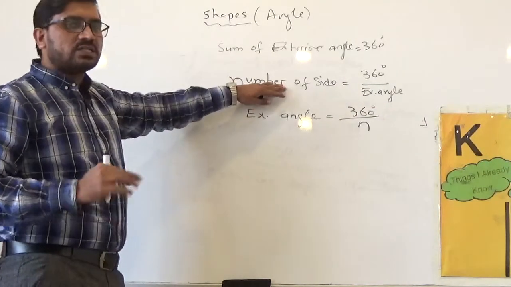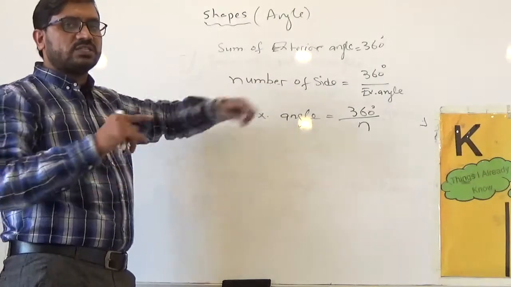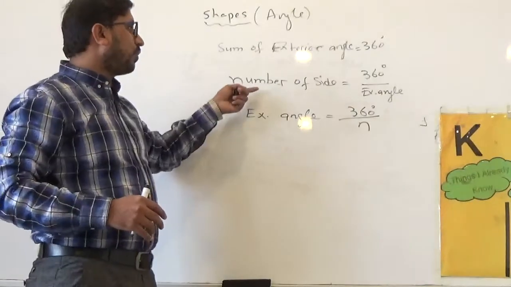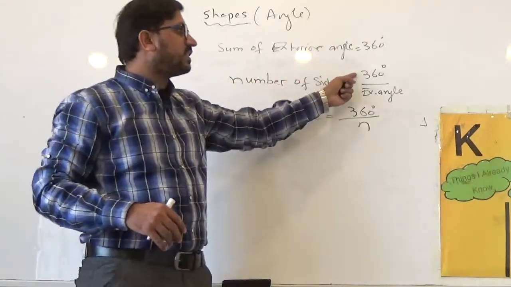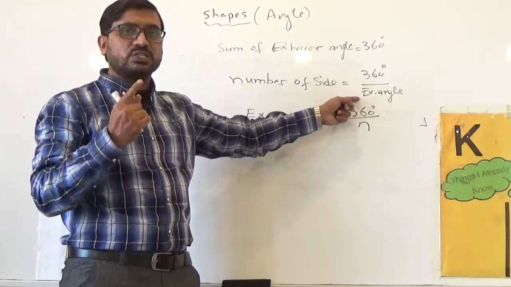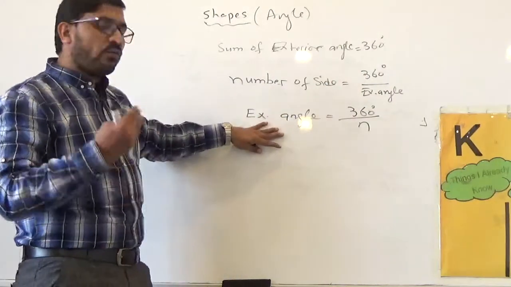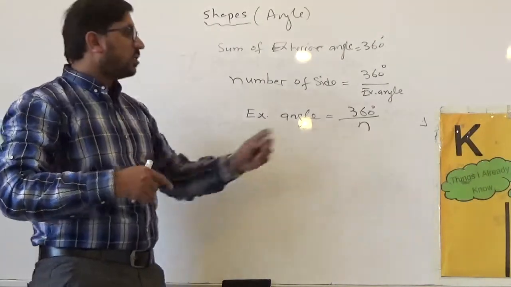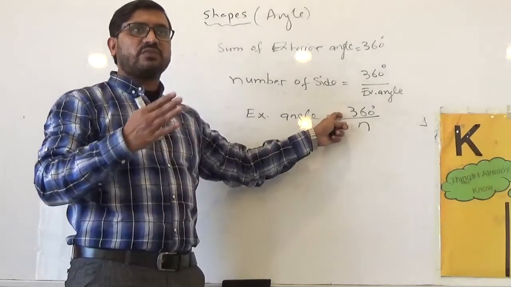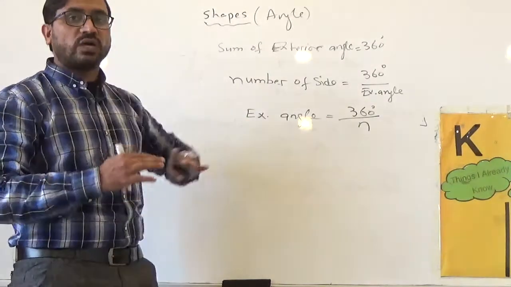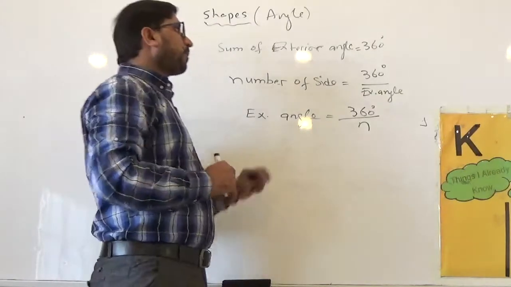These are basically one formula; we just need to mold it. To find the number of sides, it is 360 divided by one exterior angle. To find one exterior angle when given the number of sides, it is 360 divided by the number of sides.